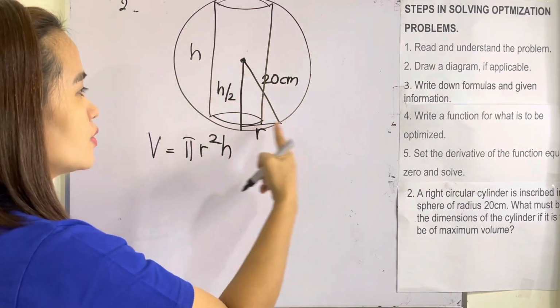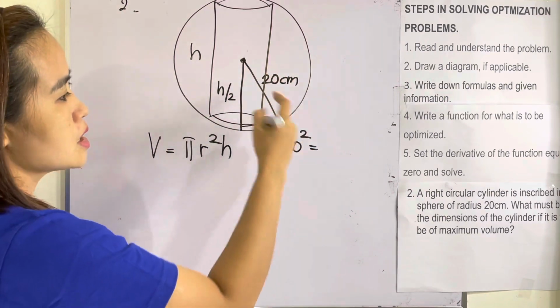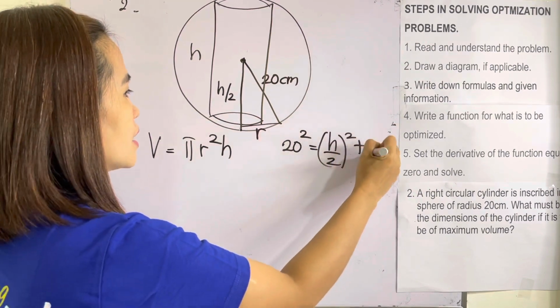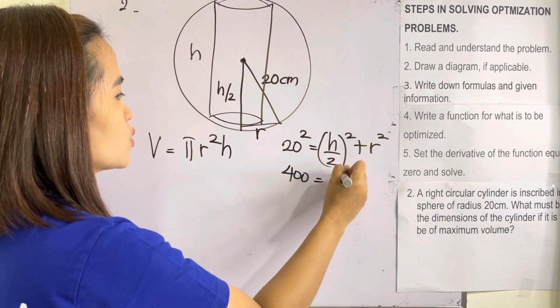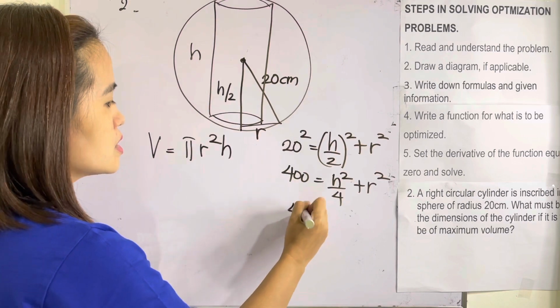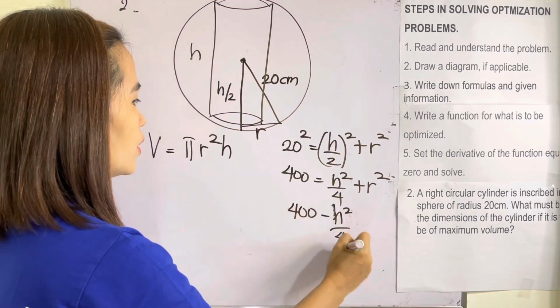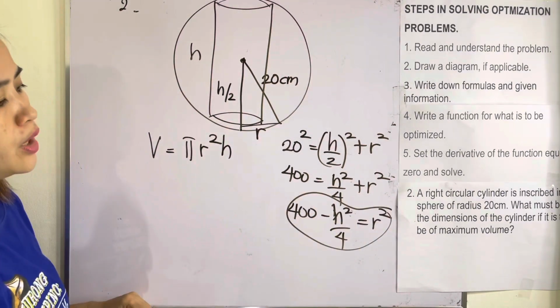This one is a right triangle, so I can use the Pythagorean theorem here. Longest side is equal to h over 2 squared plus r squared. So we have 400 equals h squared over 4 plus r squared. So this is now 400 minus h squared over 4 is equal to r squared. So that is our r.